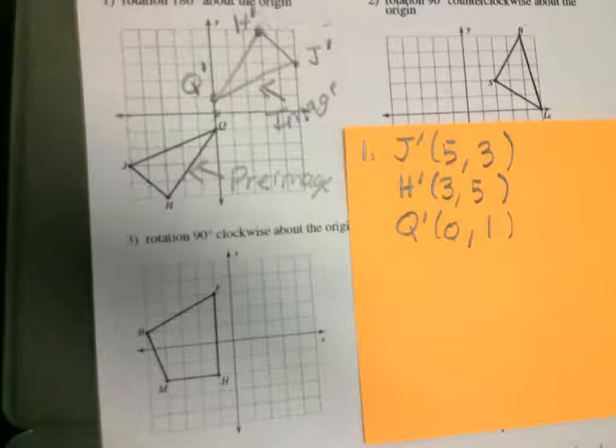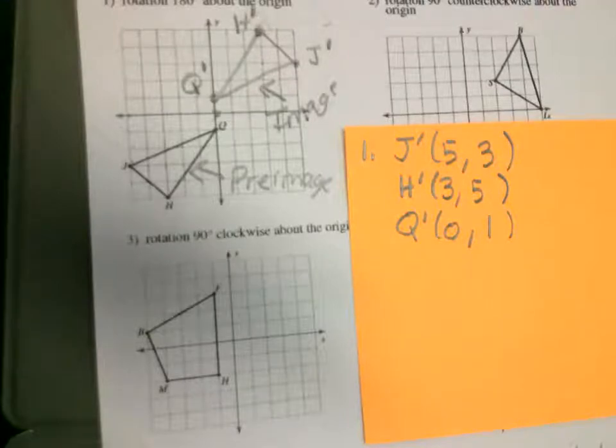Julian? Okay. Isaac, do you have it? Okay. All right. Nia, did y'all label? Good. Pre-image, image. Oh, I said I was going to pause. I didn't even pause.